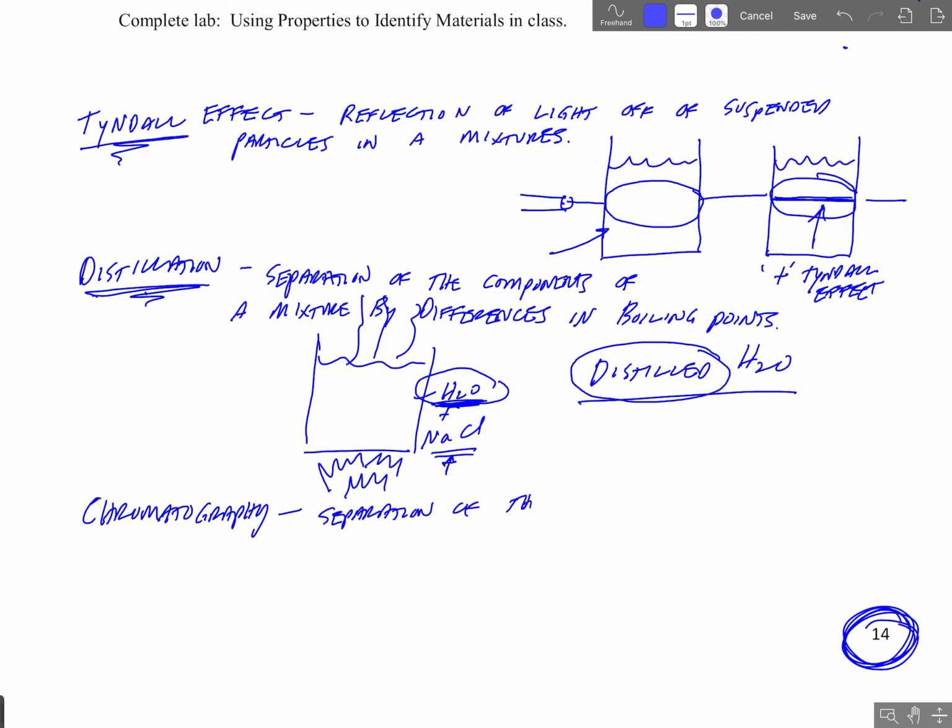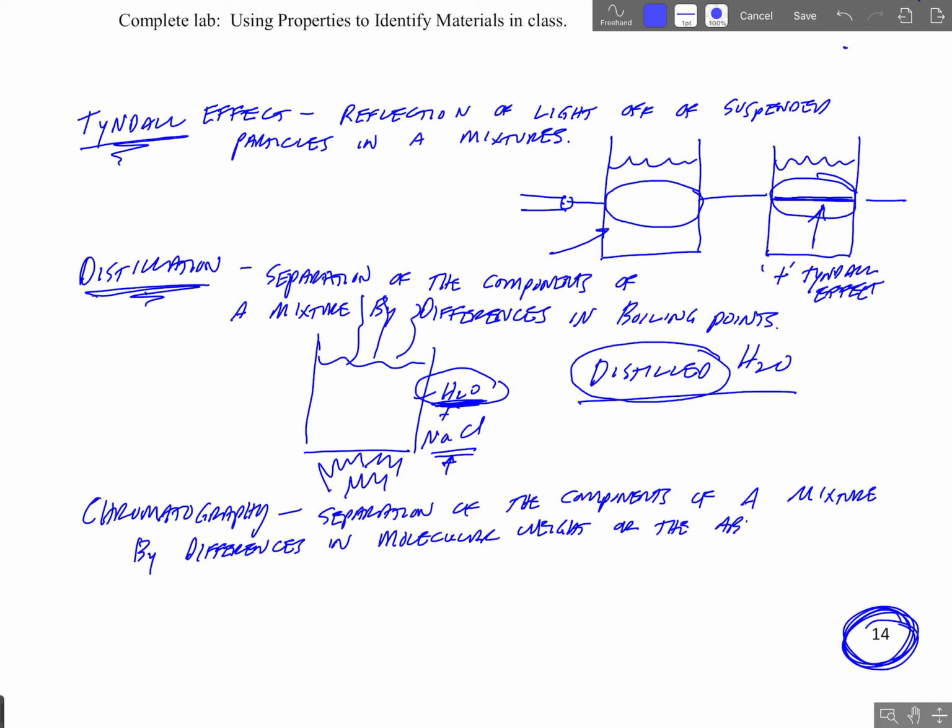Chromatography is the separation of the components of a mixture, but this time it's by differences in molecular weight or differences in the ability to dissolve in a solvent.